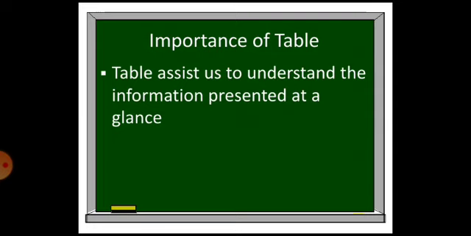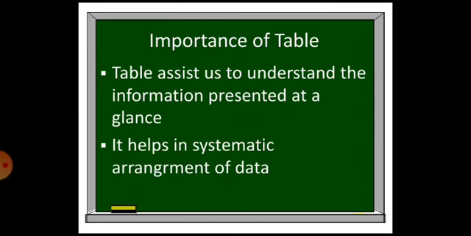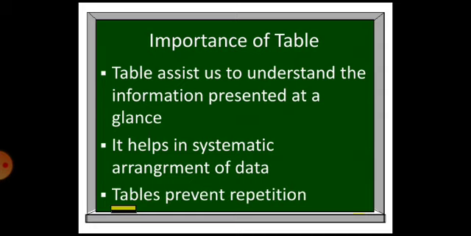Is a table relevant at all in economics analysis? A table assists us to understand the information presented at a glance. It helps in systematic arrangement of data. A table prevents repetition because the facts and the figures will have been presented.